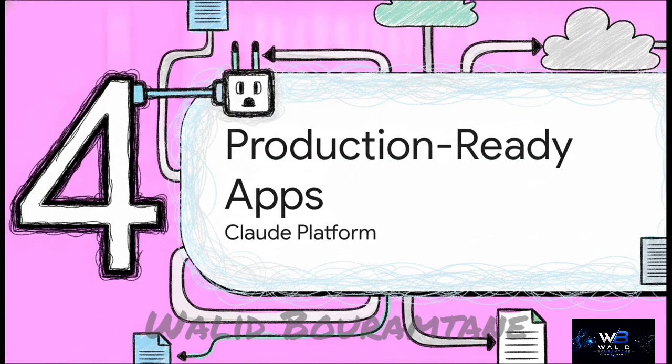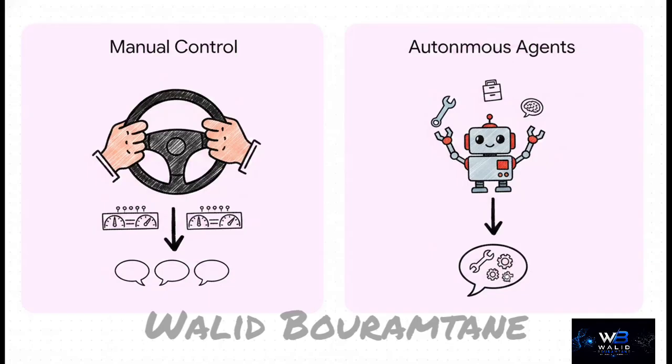Finally, we reach our last step, building production-ready AI apps. Okay, so when it's time to plug your customized models into a managed utility grid, like the Claude platform, for example, you basically have two distinct paths: manual control or autonomous agents. Think of the Messages API like driving a manual transmission car.